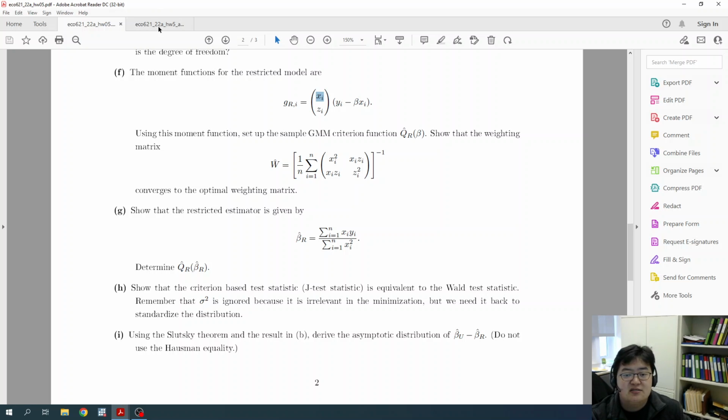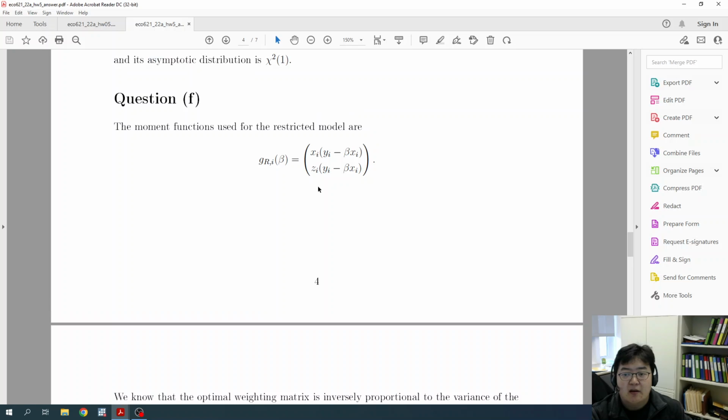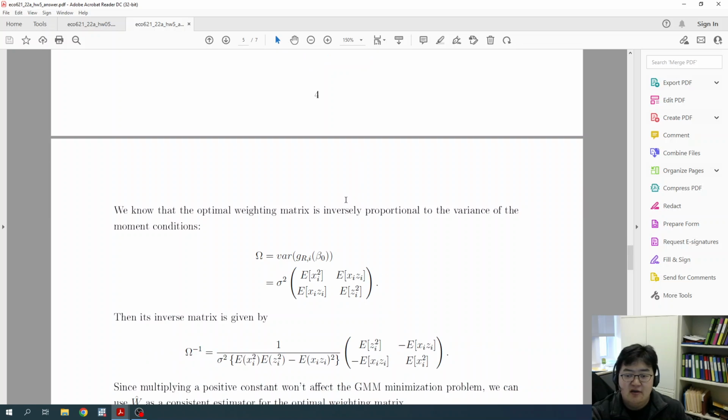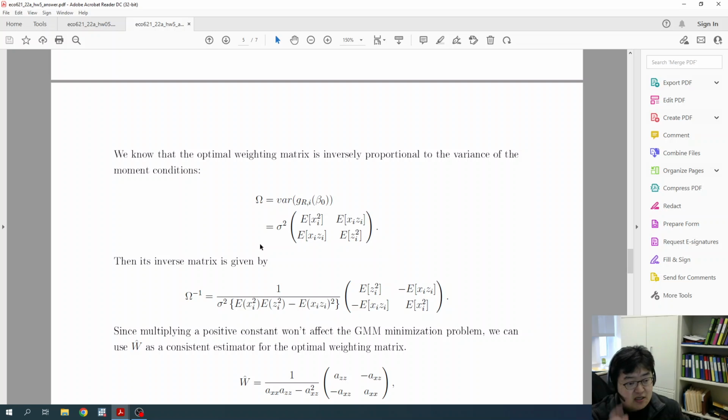Okay, let's see. Here is my suggested answer. The restricted model moment functions take this form, and then we know that the optimal weighting matrix is the inverse of this guy, omega, right? So far, there is nothing special, but what I wanted to say here is its inverse.